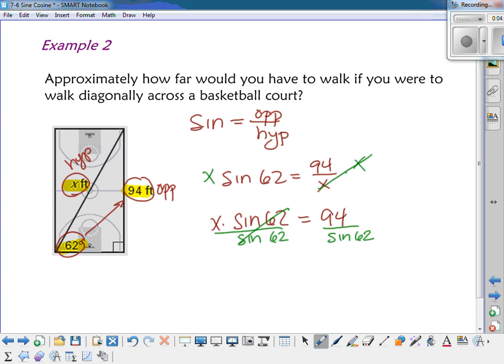If you plug 94 divided by the sine of 62 into your calculator, you should get approximately 106.5. Our units were feet, so don't forget to write your units. Again, double check that you get the same thing that I'm getting.